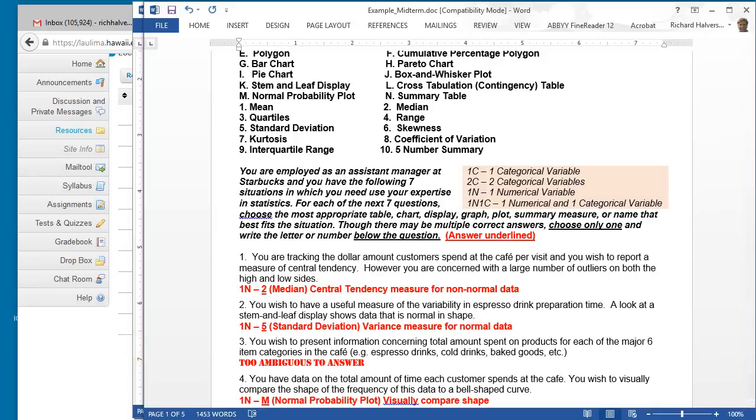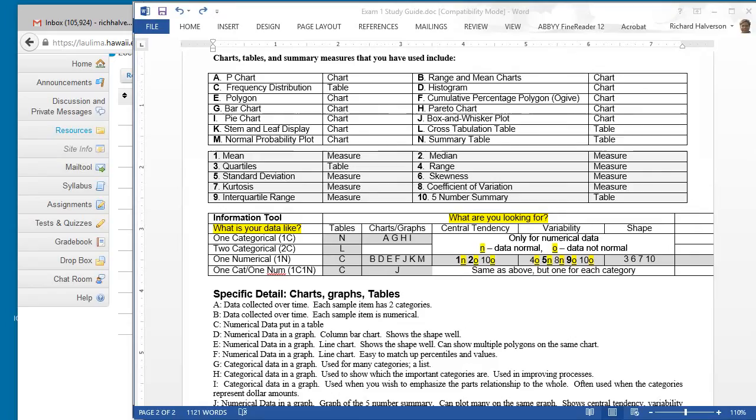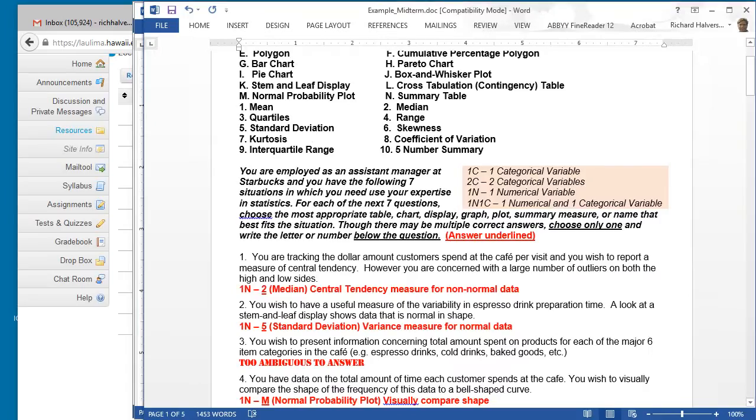Central tendency is going to be in this column here, and it's numerical data. Does it say anything about you being concerned with the large number of outliers? Okay, so from that you can assume that it's not normal.